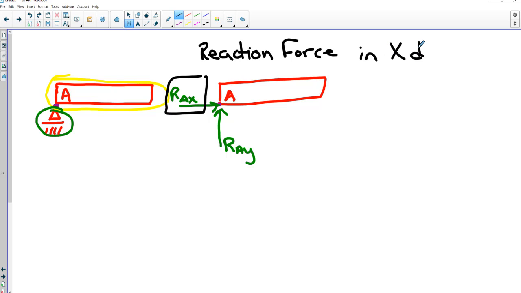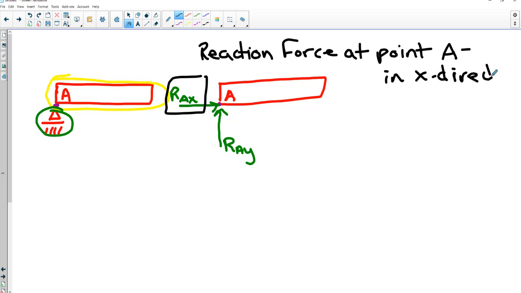Let me back up. Let's say it in order. Reaction force at point A in the X direction, and we assume it's positive for now.